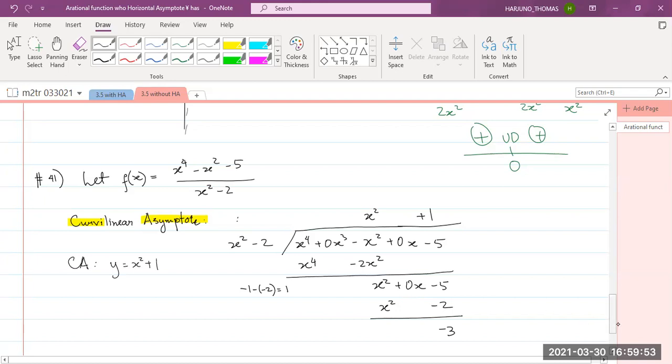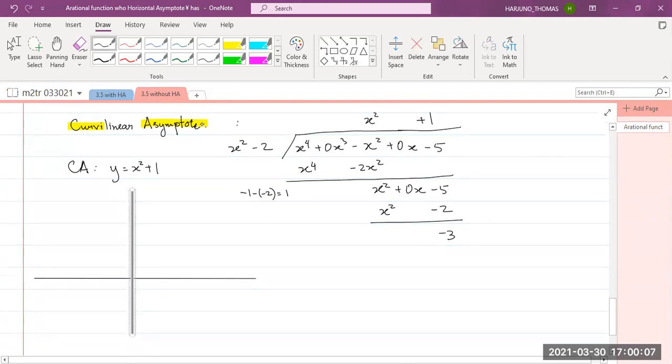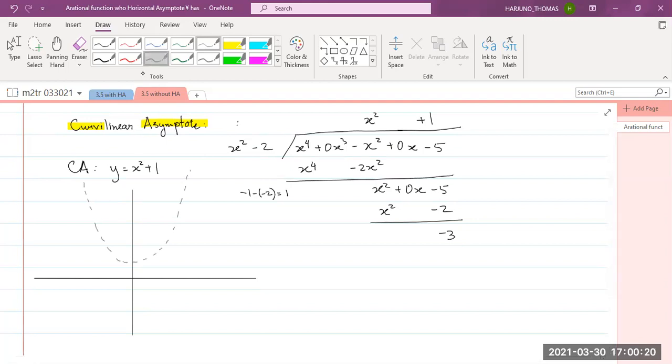Now, in other words, the graph later on, let me put it here first. So we have this coordinate system, and the curvilinear asymptote looks like this. Let's say that's what it looks like: x squared plus 1, right? Now when you go very far to the negative infinity, the graph gets closer to this hand.